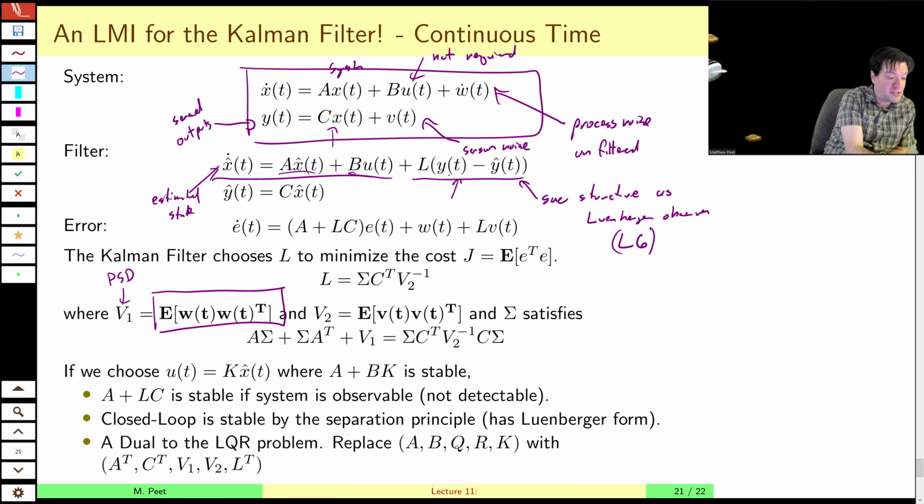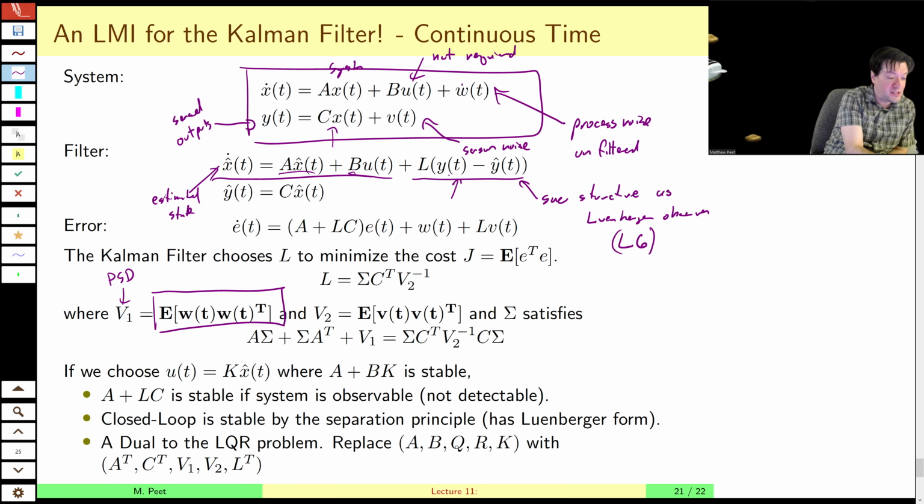Number 1 is the PSD of the process noise. Here, C is just your C matrix. A is just your dynamics. Notice that B doesn't show up here. As I said, B is optional, not required. Right. Doesn't affect the problem per se.